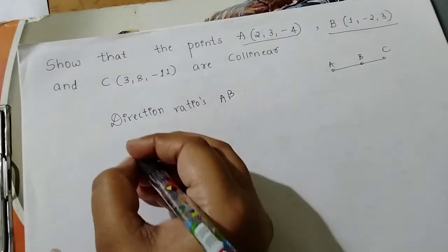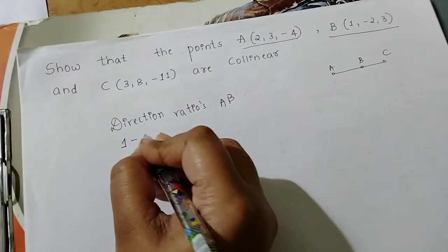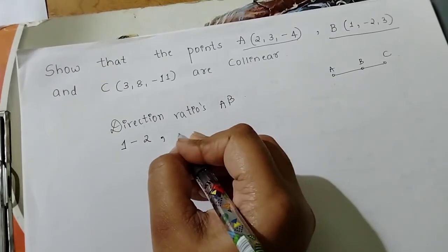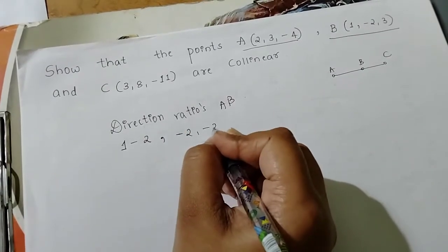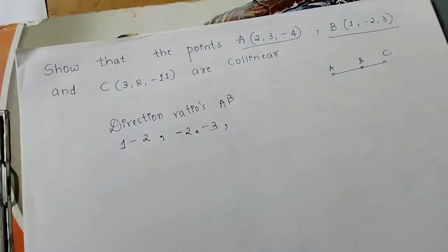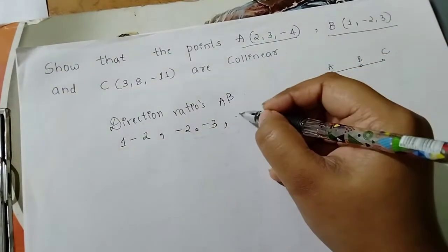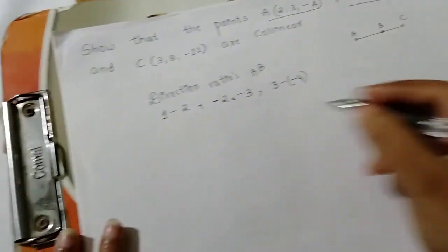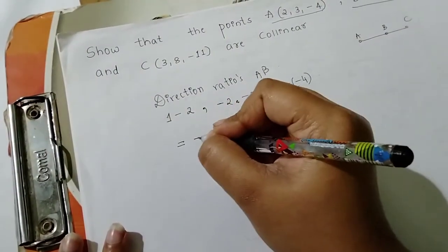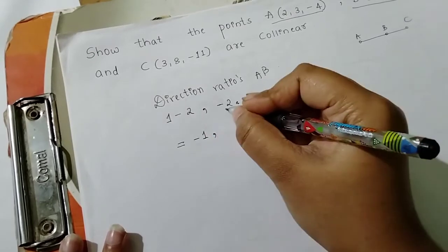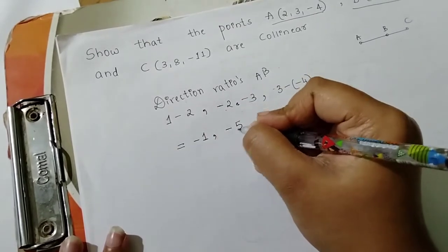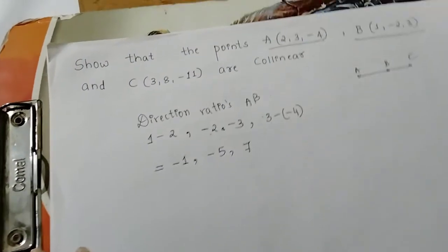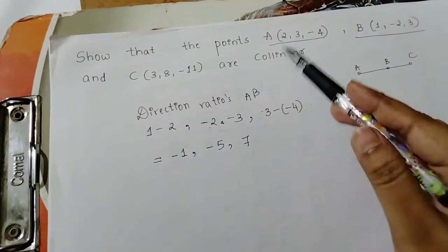So 1 minus 2, then minus 2 minus 3, comma 3 minus of minus, will be plus 4. So what are the direction ratios you are getting? Minus 1. Okay, minus 2 minus 3 is how much? Minus 5. 3 plus 4 is 7. This is direction ratio of AB.